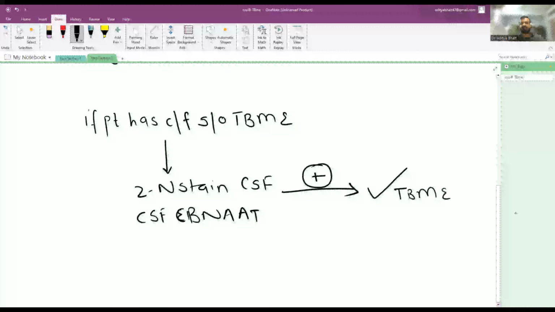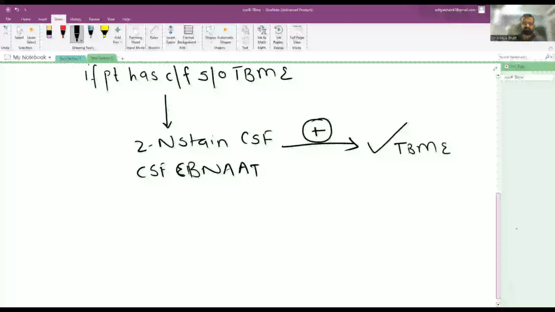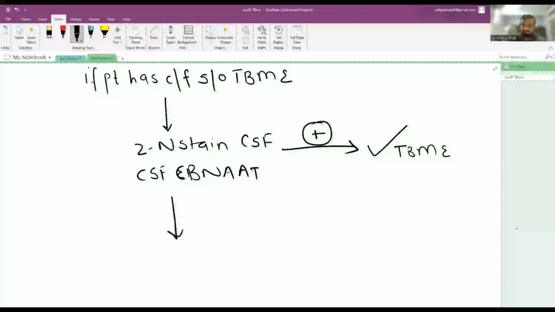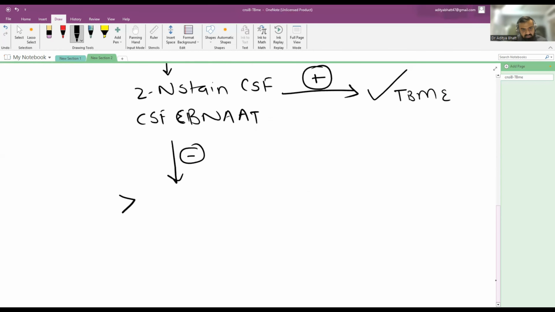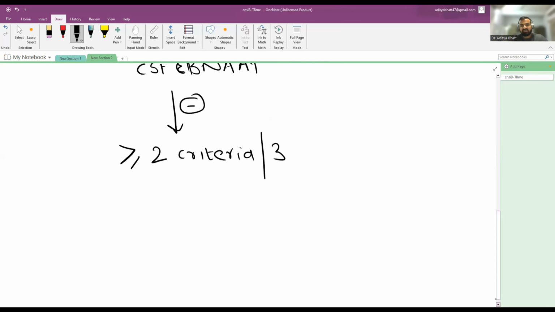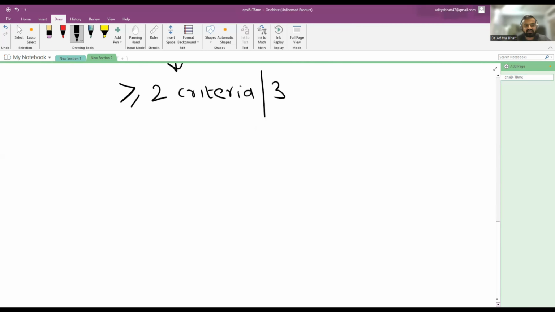But if the ZN stain and CSF CBNAAT are negative, then you have to diagnose it with the presence of 2 or more criteria out of 3. If 2 or more of the 3 criteria, A, B, and C, are positive, then you can say it is TBME.